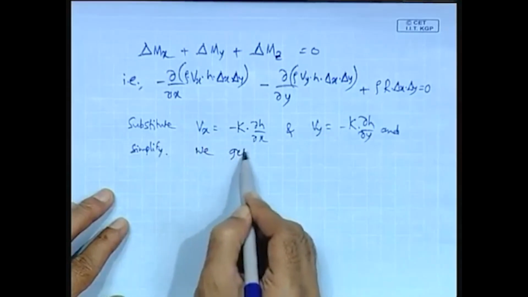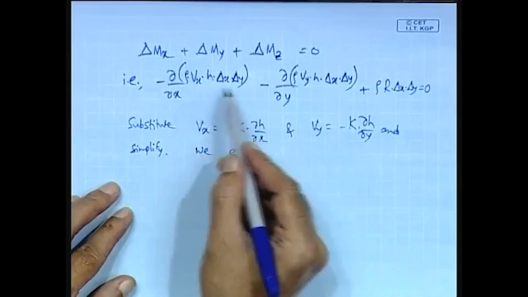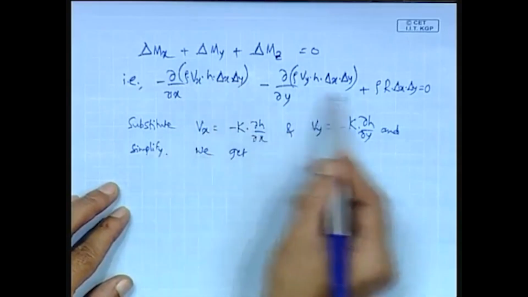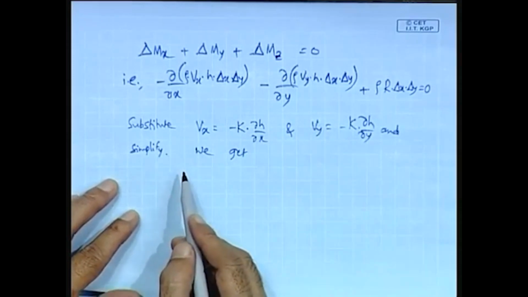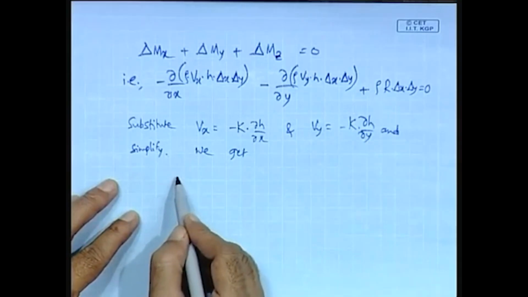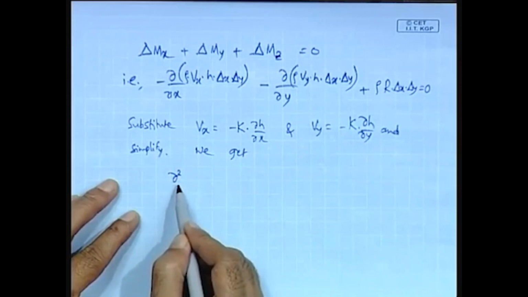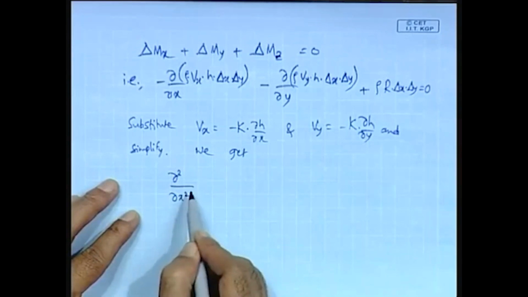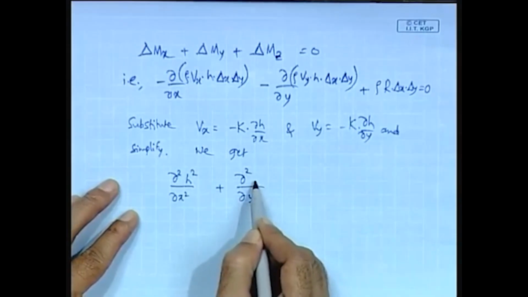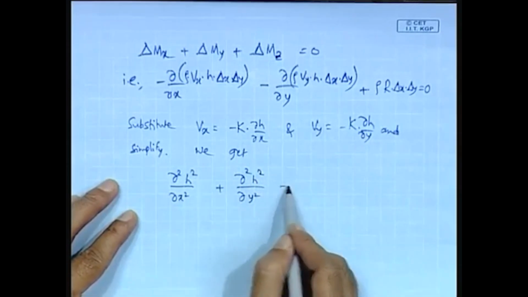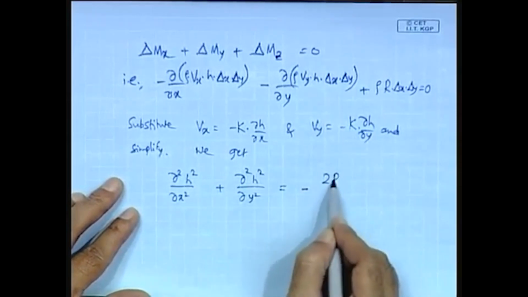So, here rho delta x delta y can be taken out, and we are left with d square by dx square of h square plus d square by dy square of h square. This is equal to minus 2r by k.